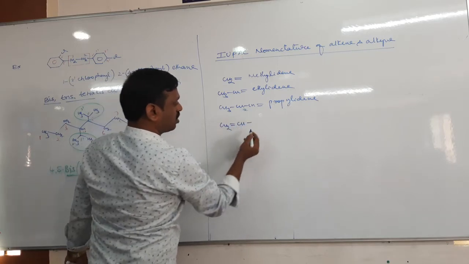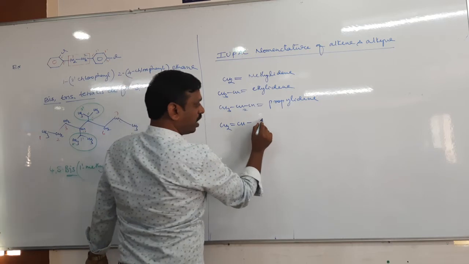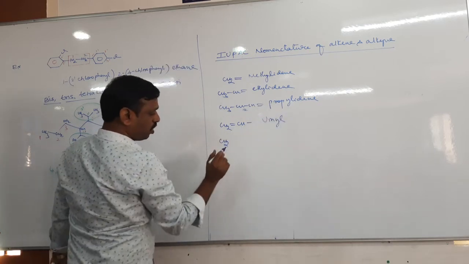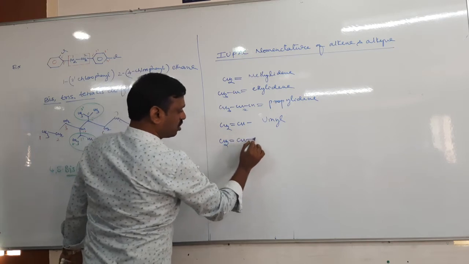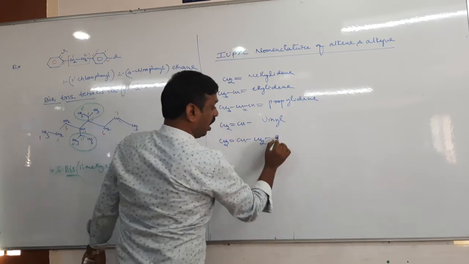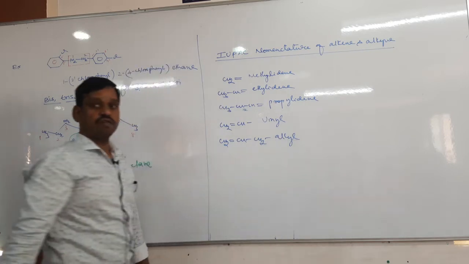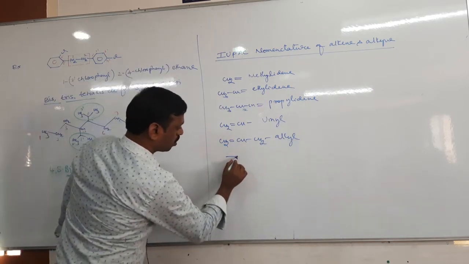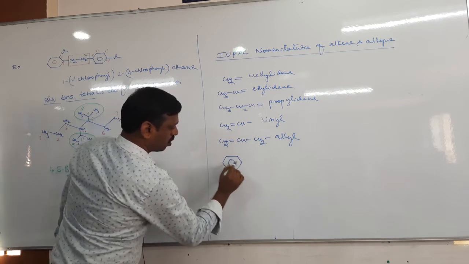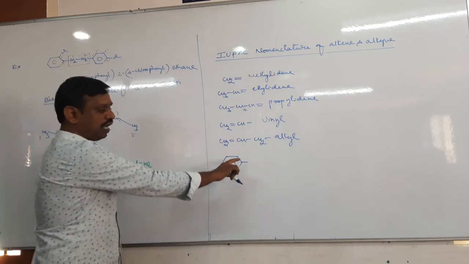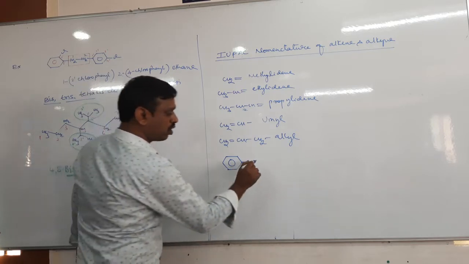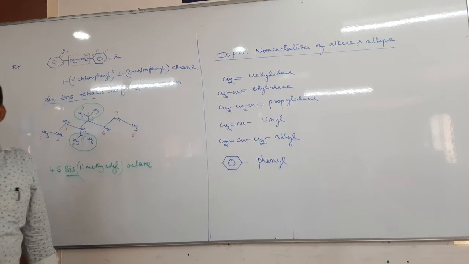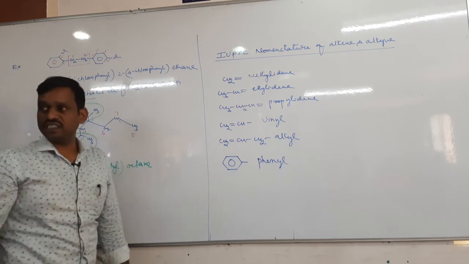If it is CH2 double bond CH, this group is called vinyl. If there is a CH2 double bond CH CH2, it is called allyl group. Vinyl, allyl. If there is only a benzene group but hydrogen is removed, which is called phenyl, not benzene, it is phenyl, C6H5.